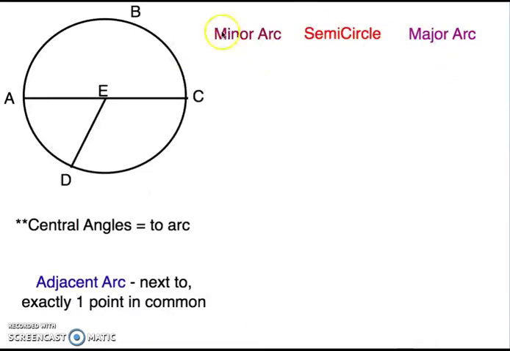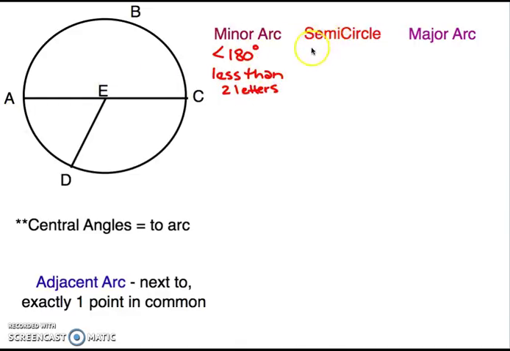Here's some other terminology. For our minor arc, we know that that is less than 180 degrees. And the other thing we can say for that is that it's less than 2 letters. So your minor arc contains less than 2 letters.